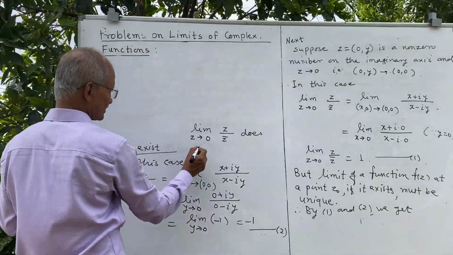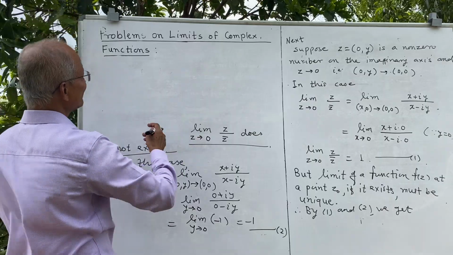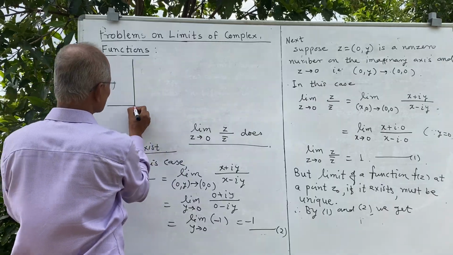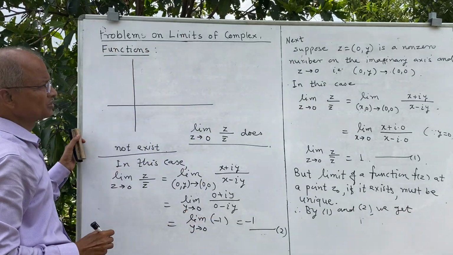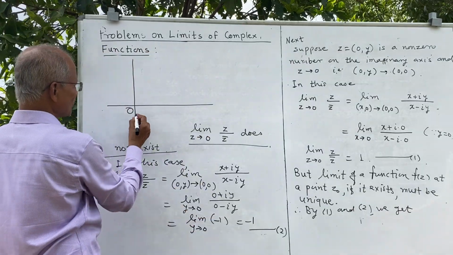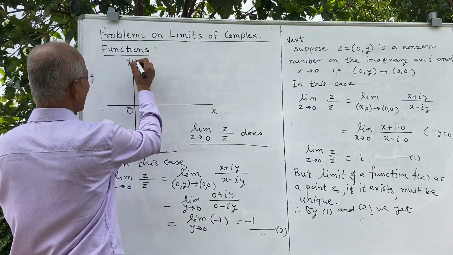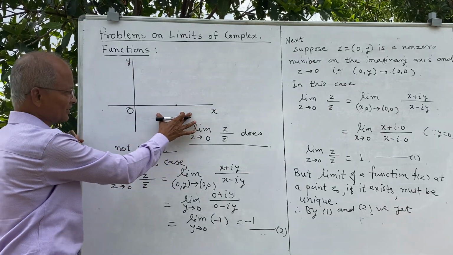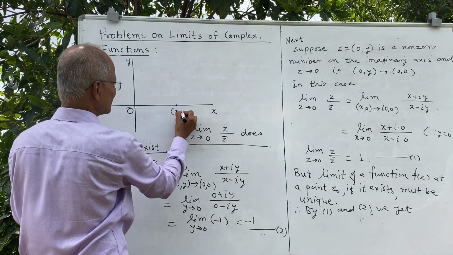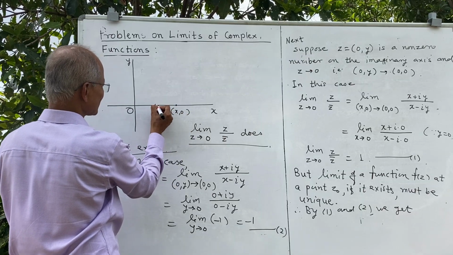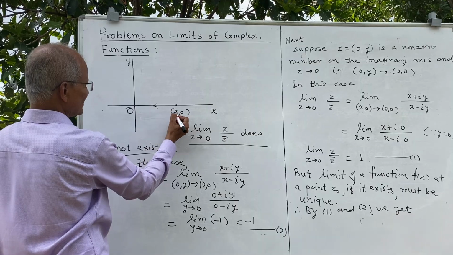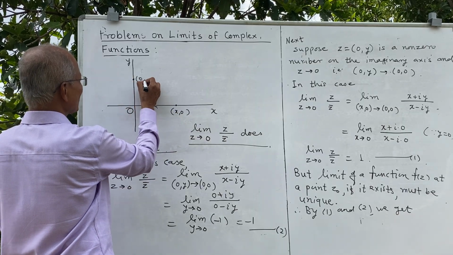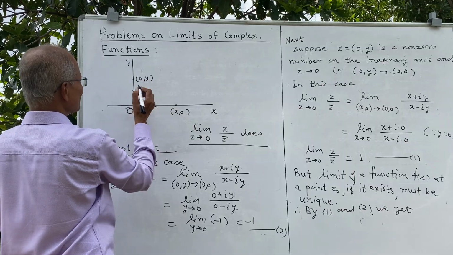Now here what we have seen is there are two approaches for z tends to 0. See, this is the origin, x and y. First we have considered z on the real axis, that is x comma 0, and it is approaching towards the origin. Next we have considered 0 comma y, and then it is approaching towards the origin.